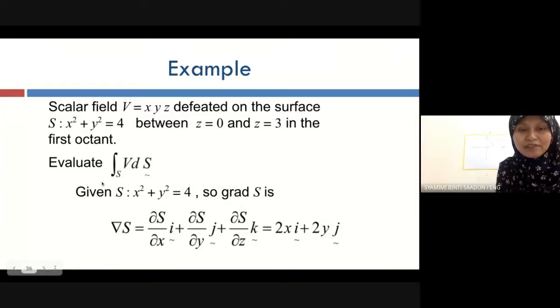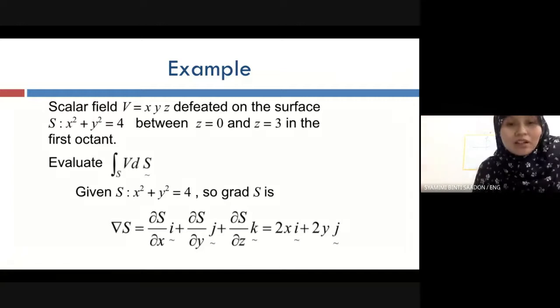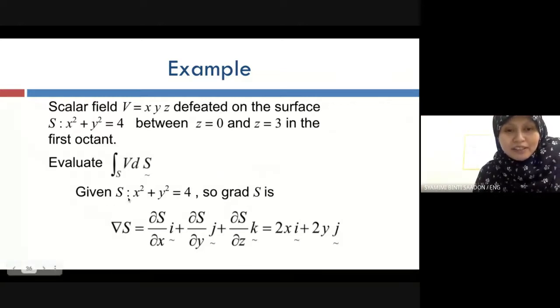So evaluate the surface integral of V dS. Okay, I have the solution here. So V dS over the surface S, given the surface S is like the function of a circle just now. So the gradient of S is this one.